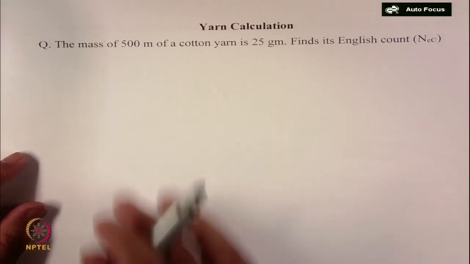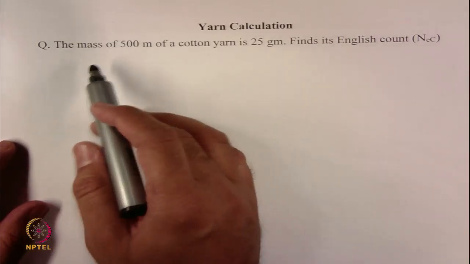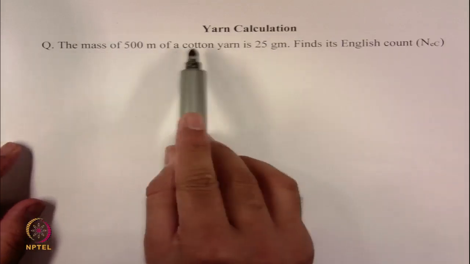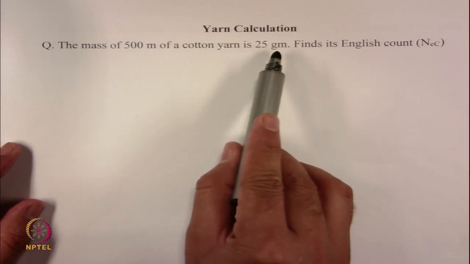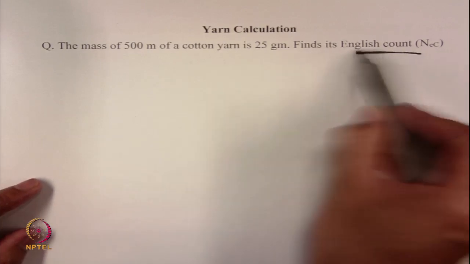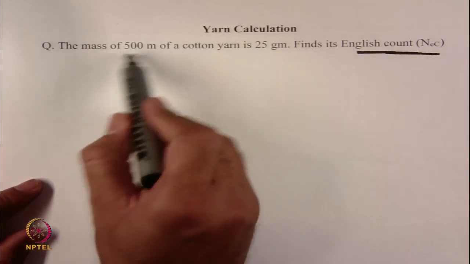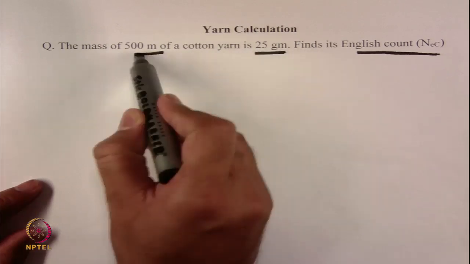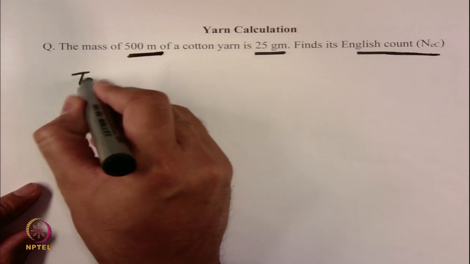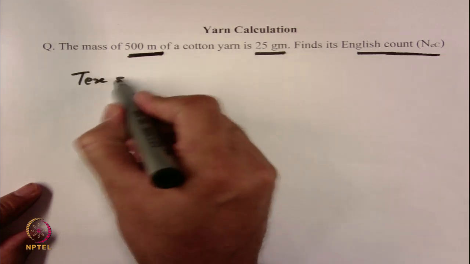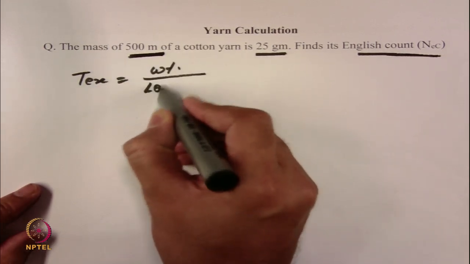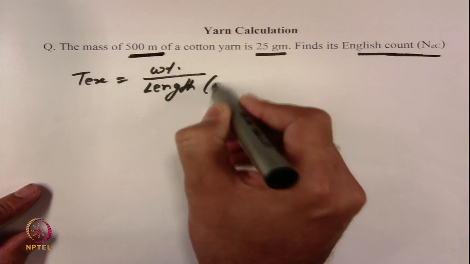For example, let us see a simple question. The mass of 500 meter of cotton yarn is 25 gram, find its English count. So, you have to find the English count, and weight and length are given. If you remember, the formula for tex is equal to weight divided by length in kilometer.